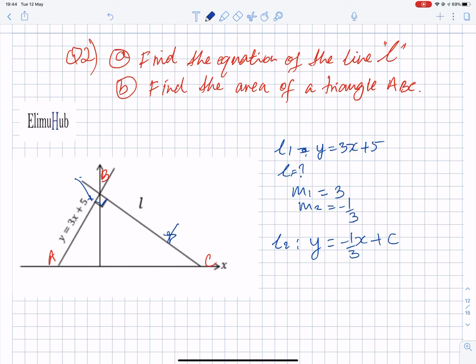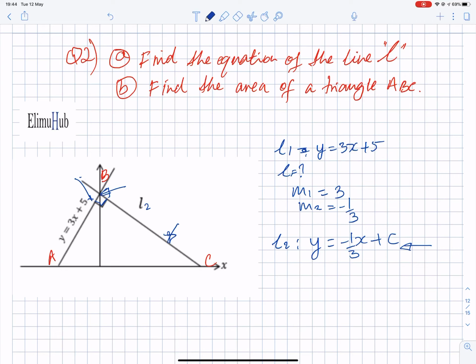Okay, now we can't just leave it like that. We need to find what c is, which is the y-intercept. Well, we can see this L2 is crossing the y-axis at this point. What does this mean?